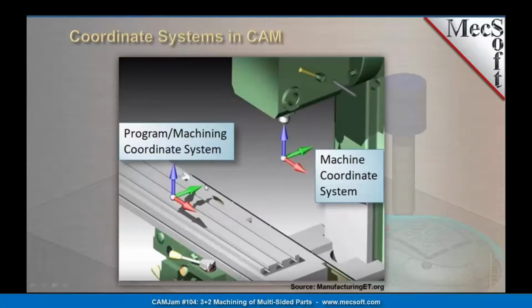You've got to differentiate that from the machine coordinate system. We call that the machining or the program coordinate system. This is where you can actually move the coordinate system about which all of the toolpaths are going to be interpreted.